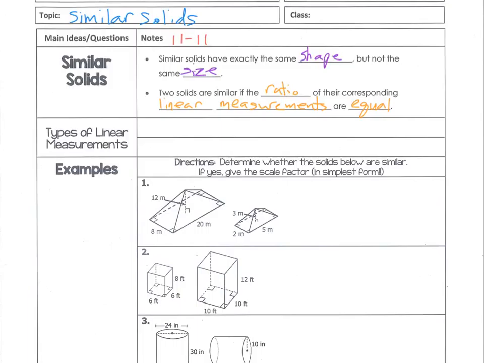And then some types of linear measurements that we might run into would be length.